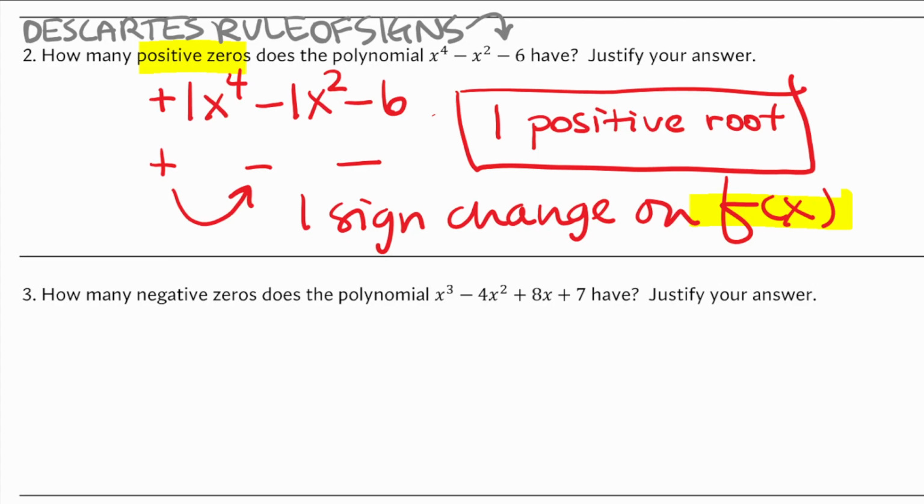So what we're going to do is say, if f of x equals x to the 3 minus 4x to the 2 plus 8x plus 7, and we're considering the number of negative roots, we're going to have to plug in f of negative x.